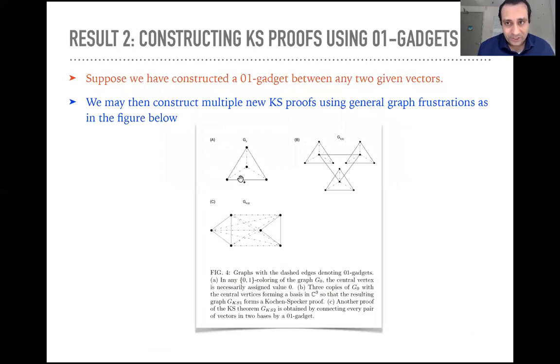And so the question is, given any two vectors, even if they're non-orthogonal, can you find some other set of vectors that put together with these two form a gadget? And of course, the constructions are given. There are many detailed constructions that we show of 0, 1 gadgets for any two given vectors in any Hilbert space dimension in this paper.